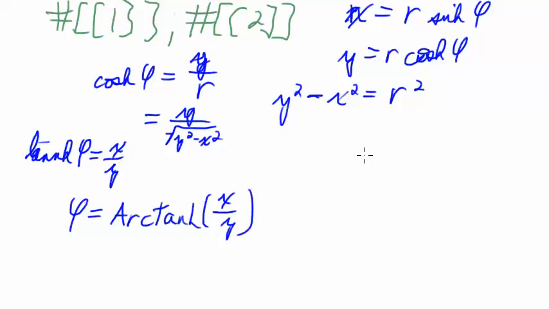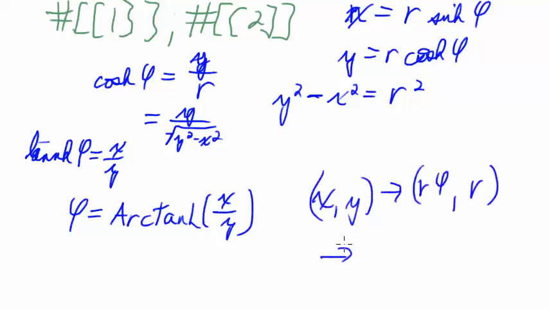So if we're going to map x comma y to r phi comma r, we need to send that to r, what is it?